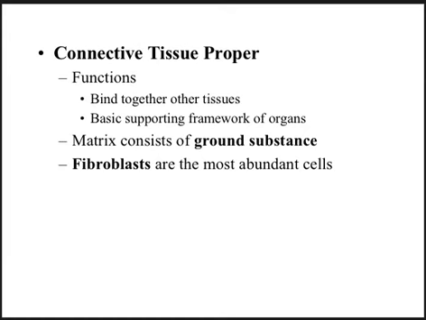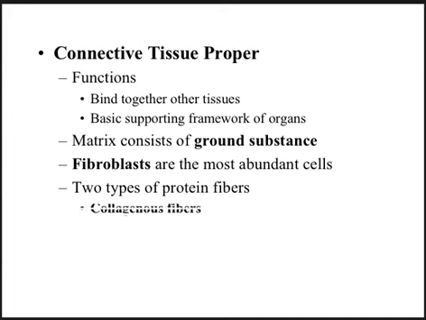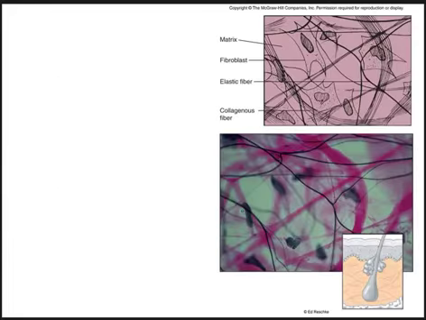The fibroblasts are the most abundant cells. They actually secrete the extracellular matrix, and we find proteins throughout the matrix that provide unique function. We have collagenous fibers that provide strength and a resistance to stretching and tearing, and elastic fibers that allow the connective tissue to stretch out and recoil when you apply physical force.